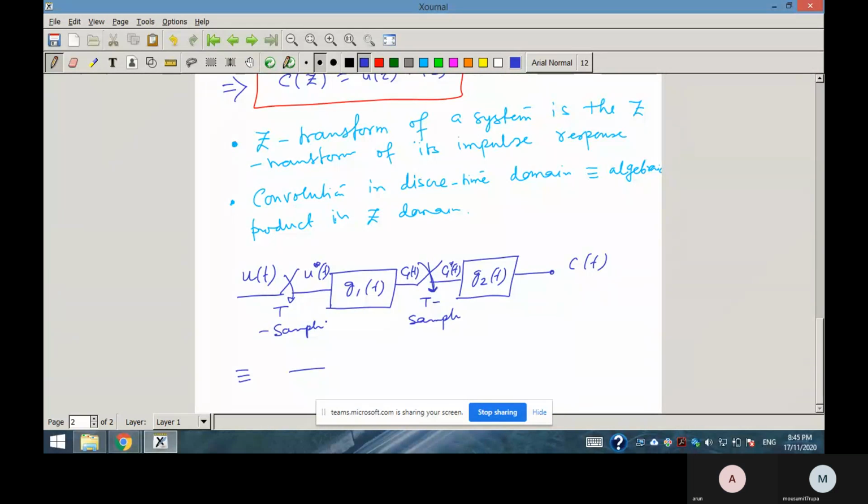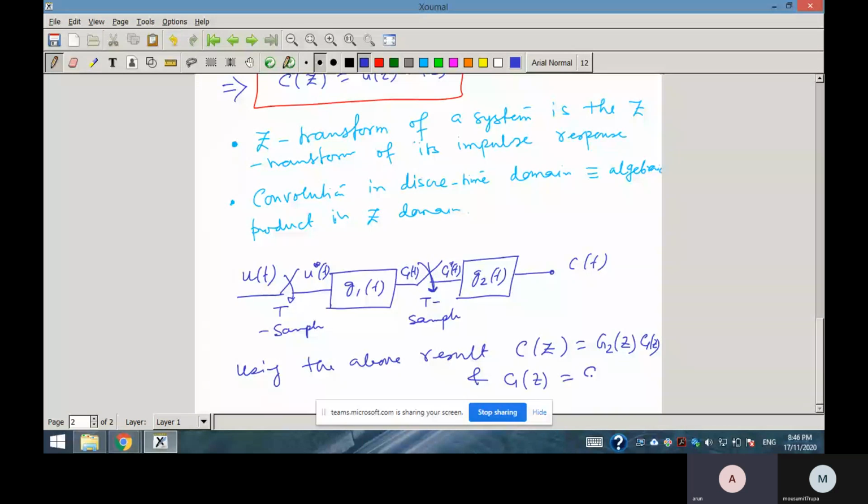So, before writing this one, using the above result, what can you get? Cz equal to what? G2z into C1z, and again C1z equal to G1z into uz.